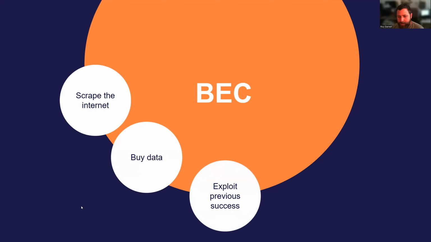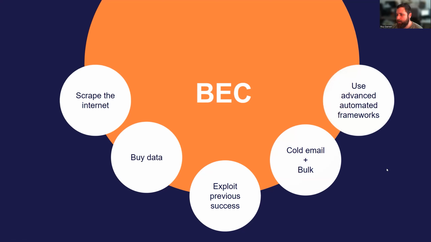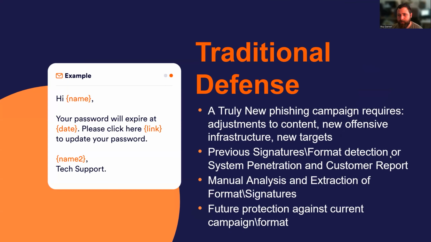Maybe you can exploit previous success, meaning you already hacked some mailbox and you're just waiting there to see if you will get an opportunity sometime. And of course, you can just send a bunch of emails in bulk to a lot of different email addresses you have and hope someone will catch on to your campaign. And if you leverage automated frameworks, it can be easier, faster, and larger scale.